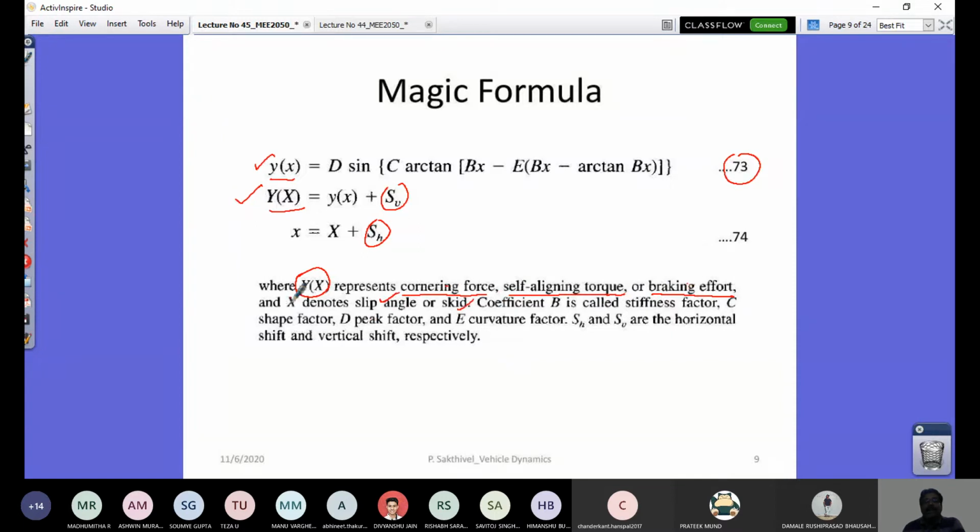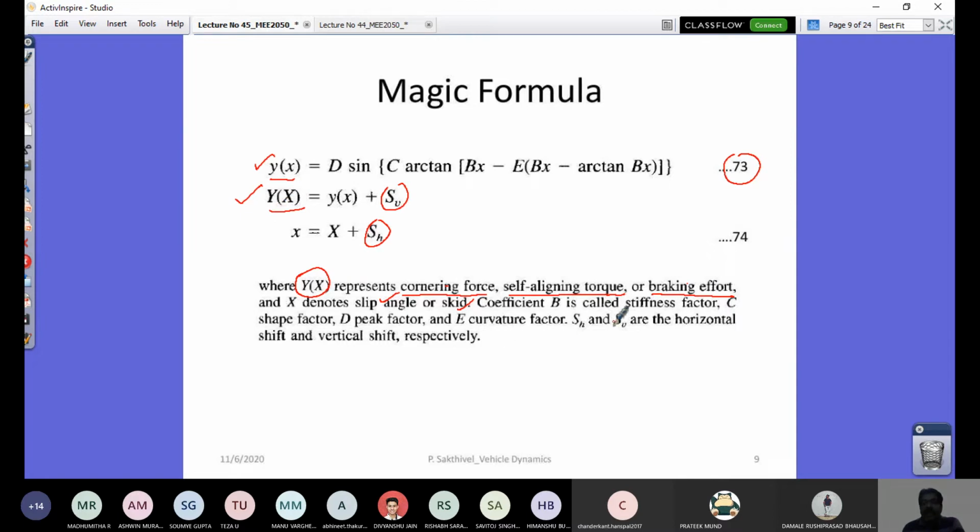And that is what x represents. So in this formula, capital X can be slip angle, then y would represent either cornering force or self-aligning torque. If x is skid, then it would represent your braking effort. If x is longitudinal slip, then it would represent your tractive effort.